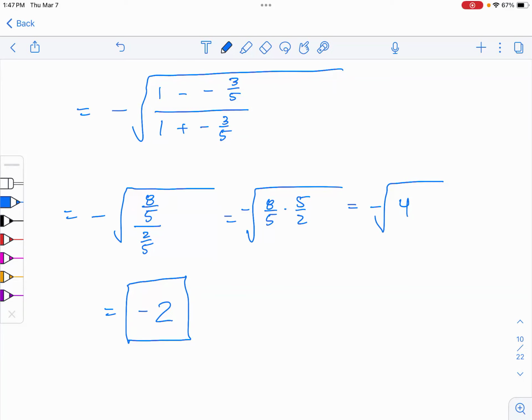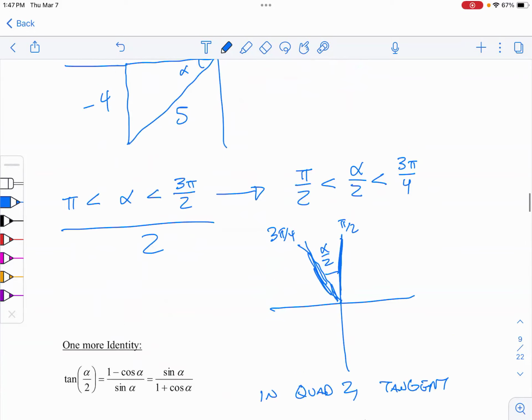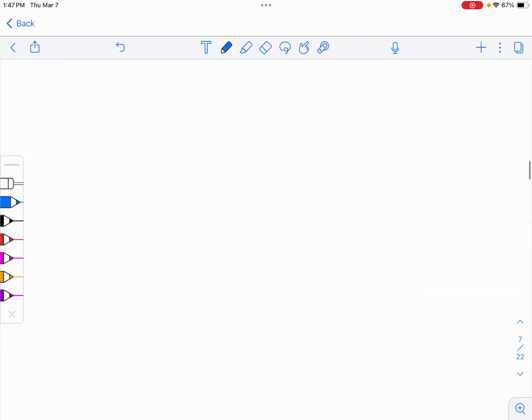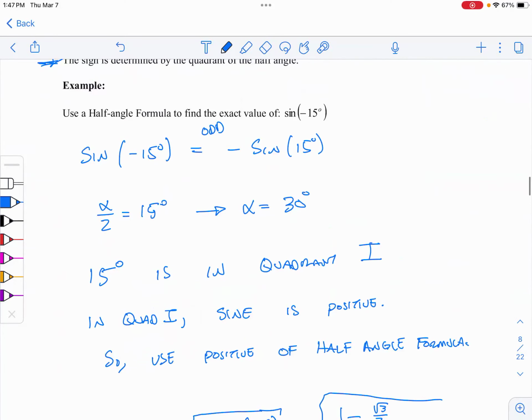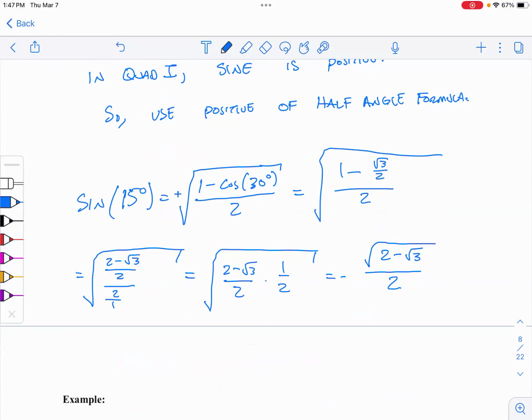All right. Usually the trickiest part here is getting that sign, because you have to identify the quadrant of the half angle. And that's the thing that people mess up. Notice, all right, in this first example, the half angle is 15 degrees. All right. Oh, geez, we forgot that negative at the end. Oops.